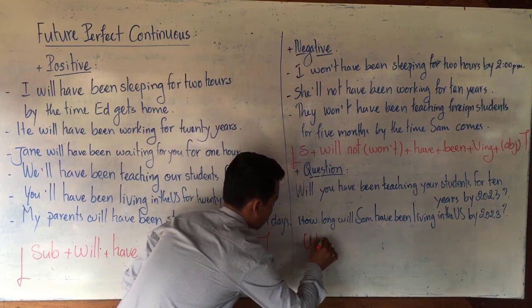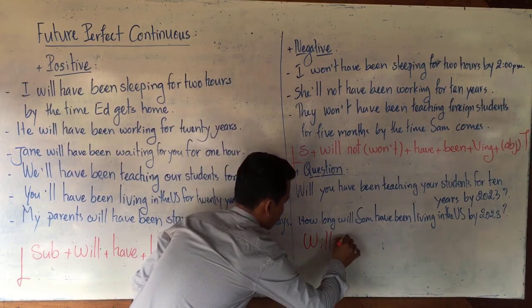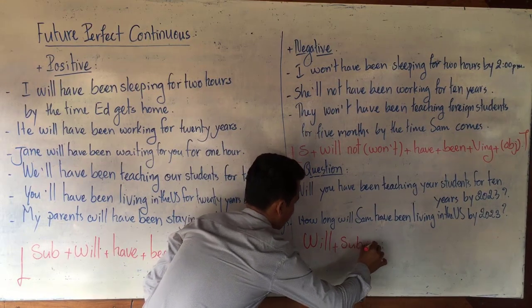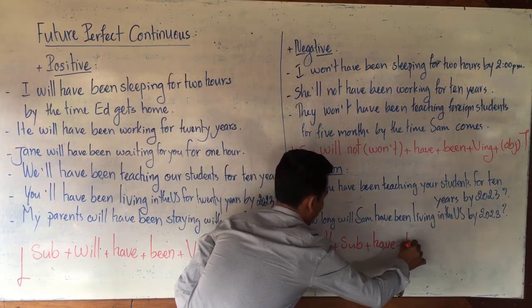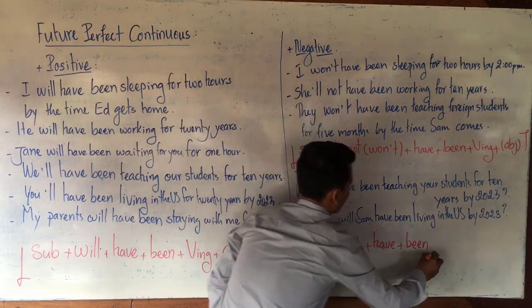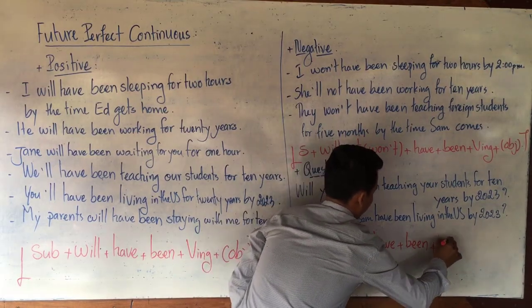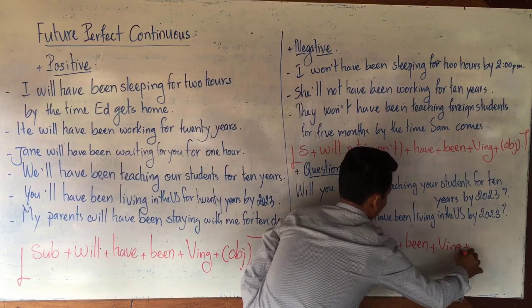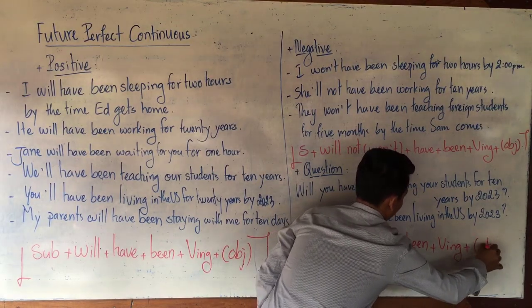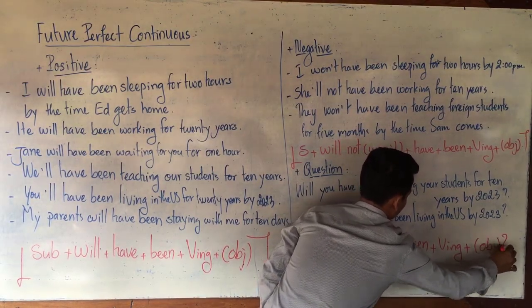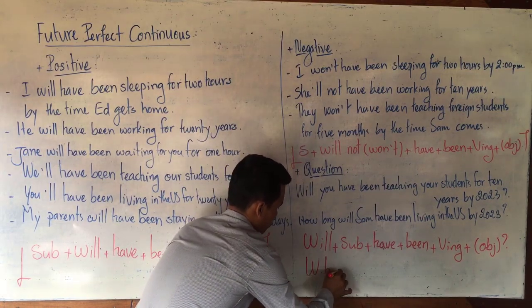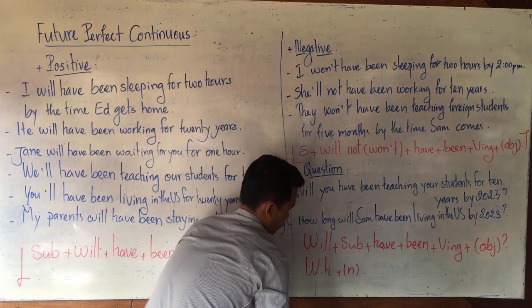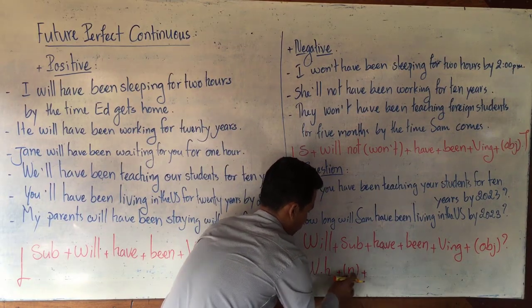Will plus subject, plus have, plus been, plus verb-ing, object in brackets, it is optional. One more is the WH question. Usually we use it with noun in brackets.